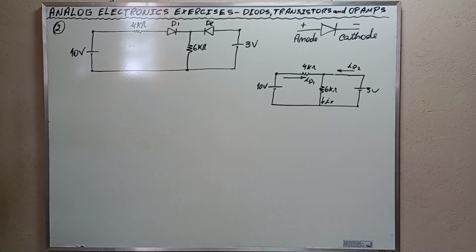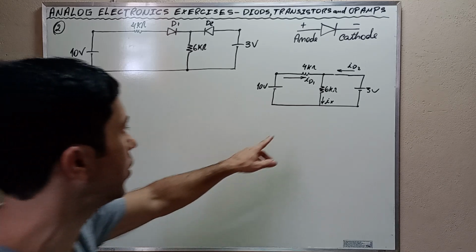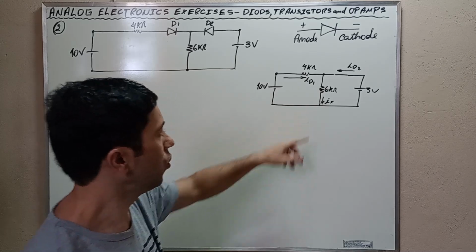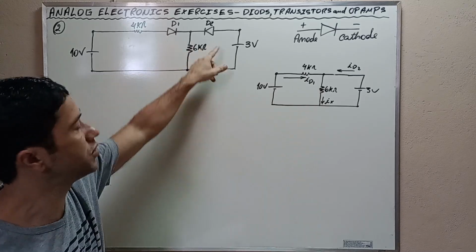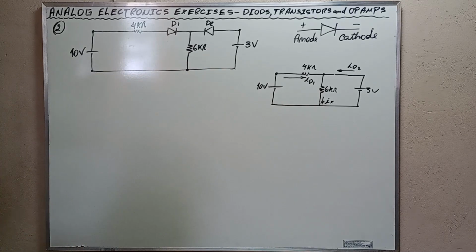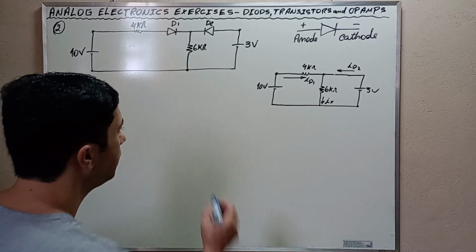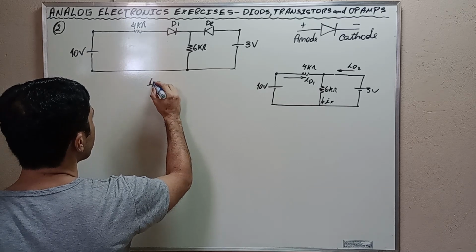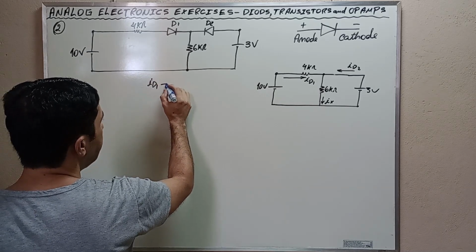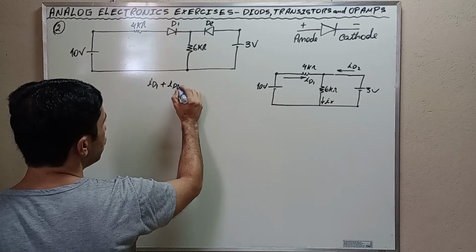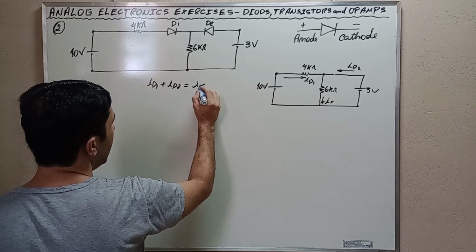When we assume that both diodes are conducting, we have the following equivalent circuit. This is the equivalent circuit when both diodes are conducting, okay? And using the nodal rule, we obtain that ID1 plus ID2 is equal to IX.